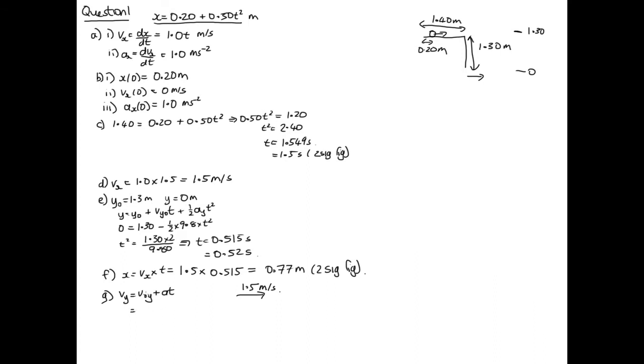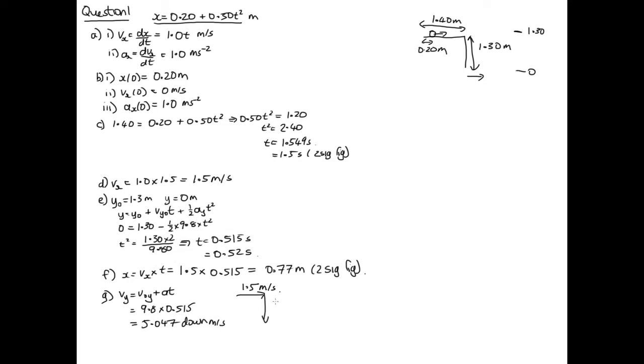And so this is equal to, initially it has no y velocity, so this is equal to 9.8 times t, and it's downwards because this acceleration is downwards. So 9.8 times 0.515. So this is equal to 5.047 down, and that's meters per second.